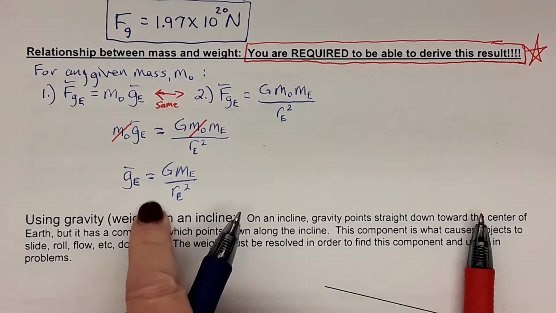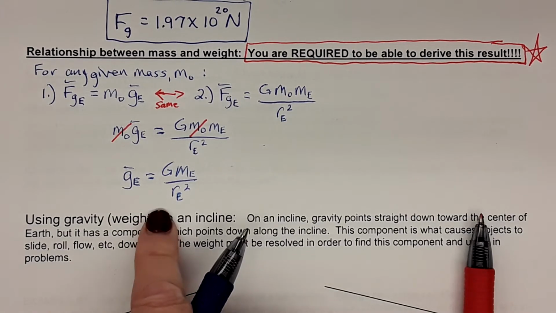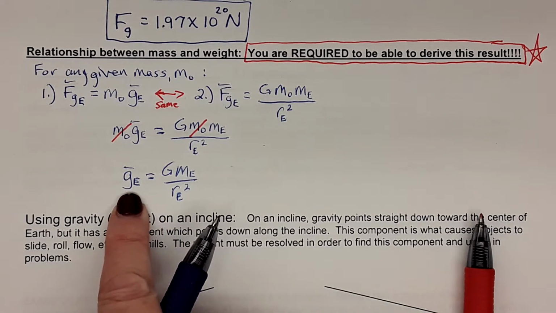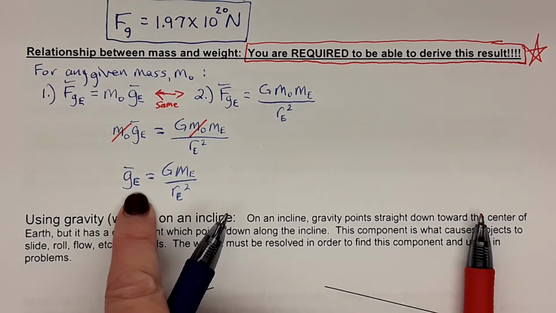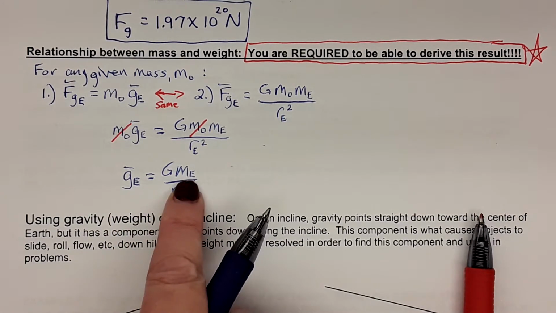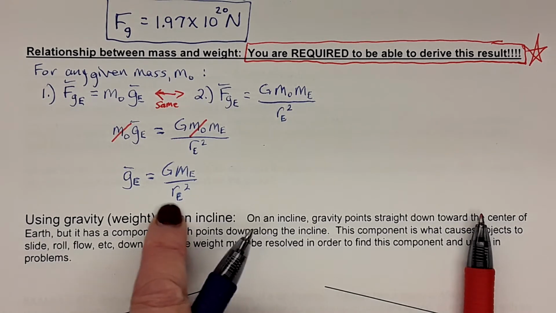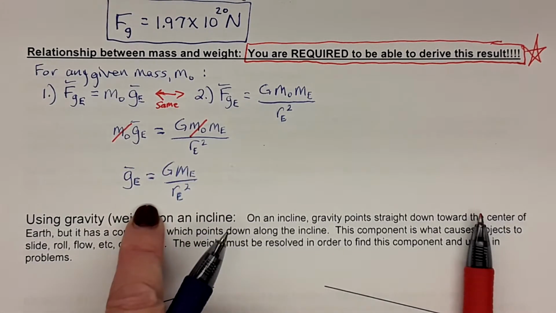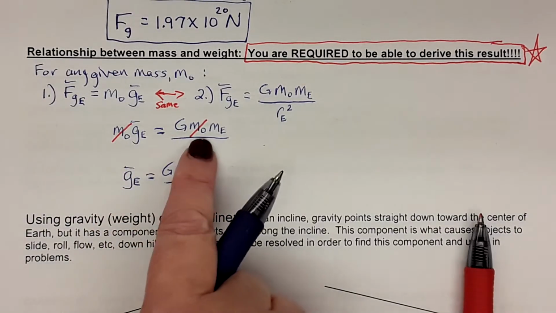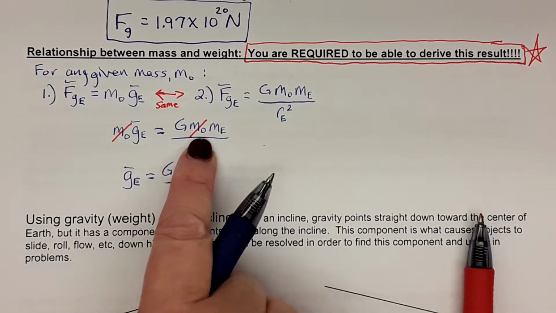Okay, what does this say? What is this telling us? This is telling us that the acceleration due to gravity on Earth depends only on the mass of Earth itself and the radius of the planet. Notice nowhere in here do we have the mass of the object because the mass of the object canceled out of the equation.